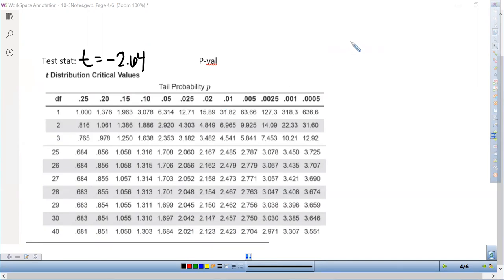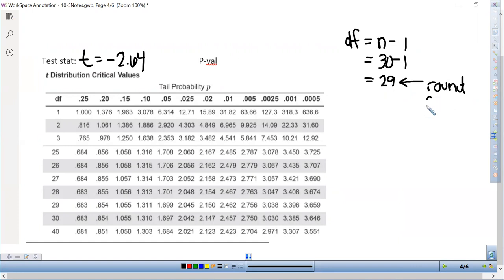One of them is the degree of freedom. Remember that that is N minus 1. In this situation, our sample size was 30. So that means that our degree of freedom is 29. Remember that if that 29 was not on the T chart, we would round down. In this case, though, 29 is on the chart.